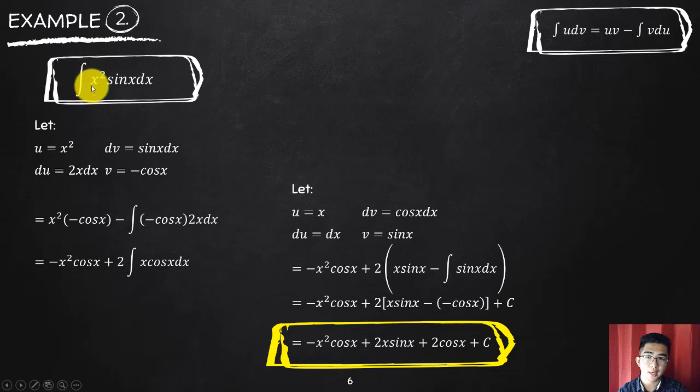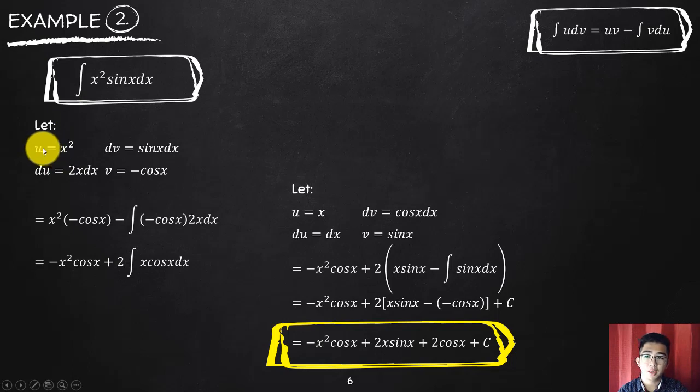However, if you choose x squared as your u, it becomes 2x dx, correct? If you differentiate x squared, what happens to the exponent? It went down 1 degree, meaning it's close to disappearing. Meaning it will eventually disappear. So I think the correct choice for u is x squared.